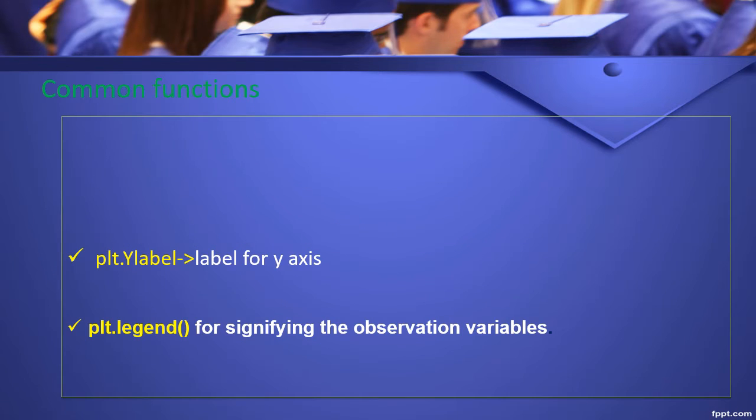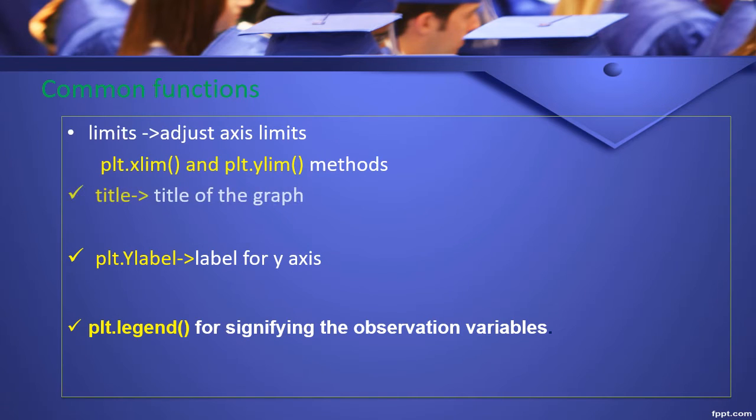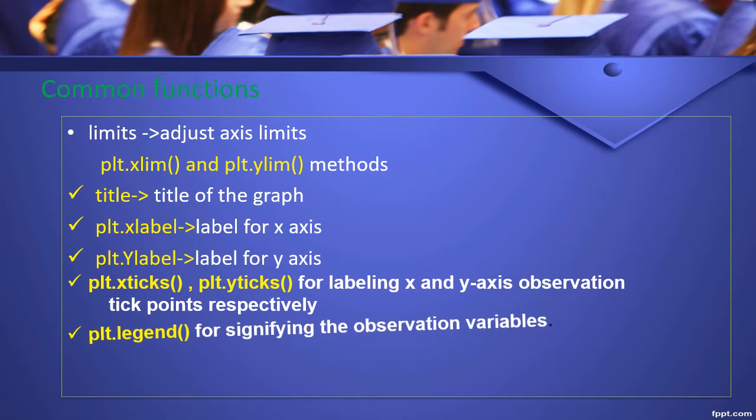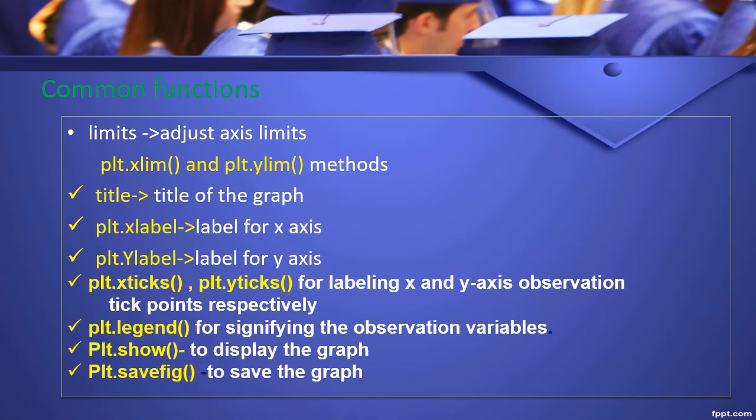So what are the common functions in a graph? First, the limits: we can set xlim and ylim for the x-axis and y-axis. We can use title for the overall title of the graph.